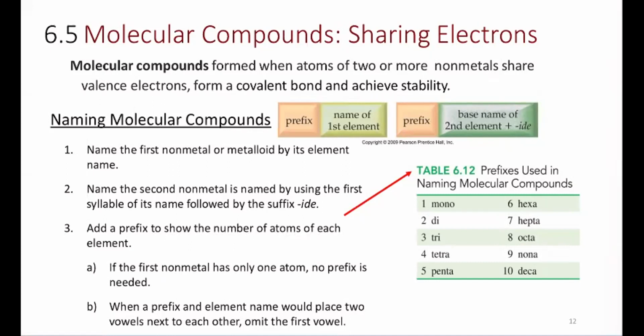If it has 2 or more atoms, it will get a prefix. So again, the first nonmetal, if it has a subscript of 1, doesn't get a prefix, but if it has 2 or more, it will get a prefix. The second nonmetal always gets a prefix.